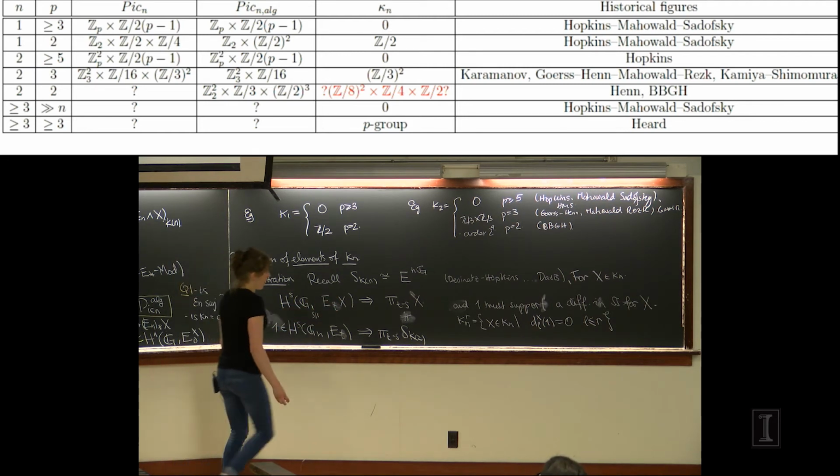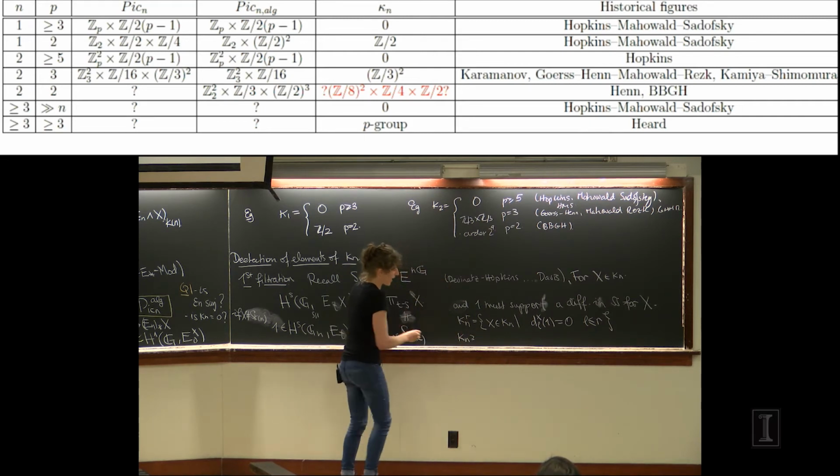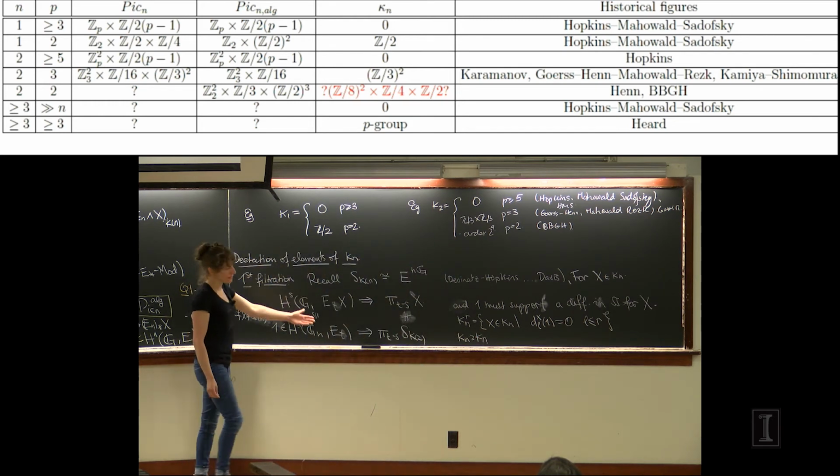The filtration goes like: you have kappa n, and the first thing that can happen, because of sparseness, is a d3.